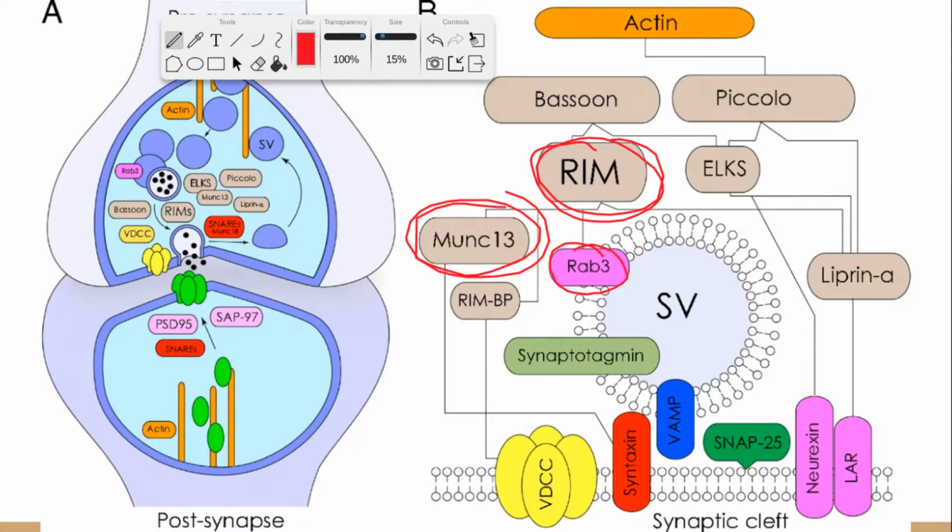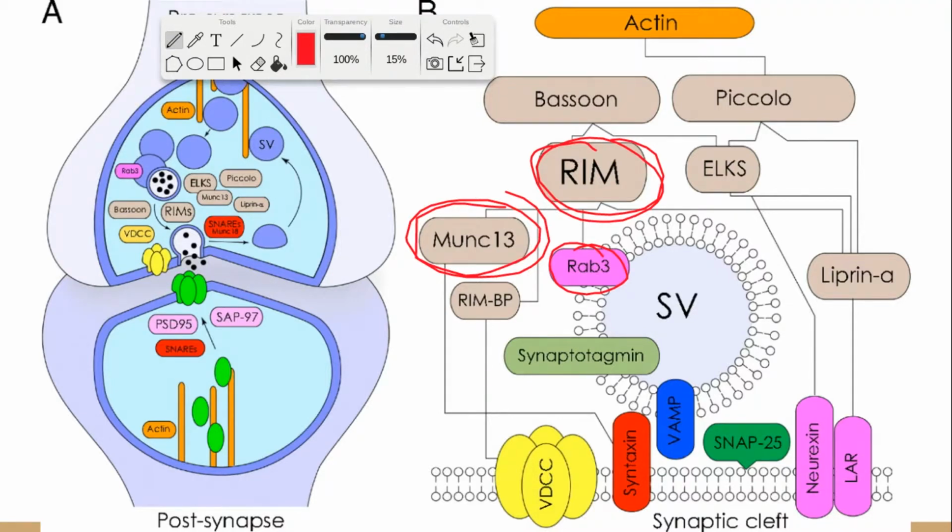RIM and MUNC13 then bind to our voltage-gated calcium channel, and this sets up the entire complex. So when you think of the active zone, think of the RIM-MUNC13 complex, because these proteins are essentially linking and bridging our voltage-gated calcium channel to RAB3-positive vesicles. And this allows for very quick SNARE activation following calcium flux.